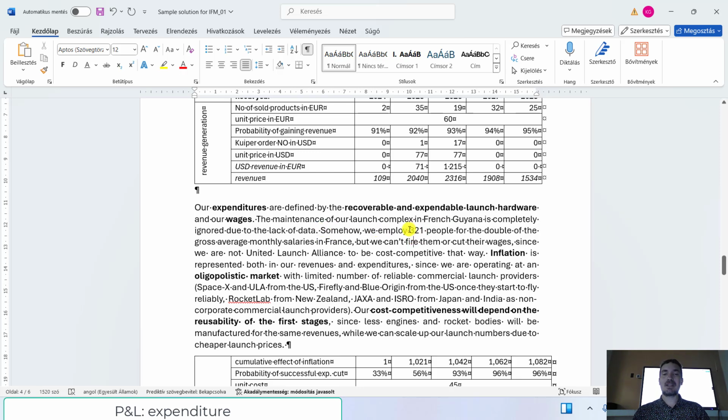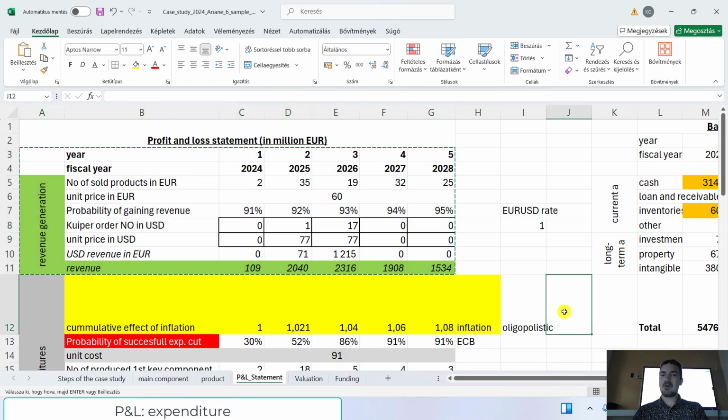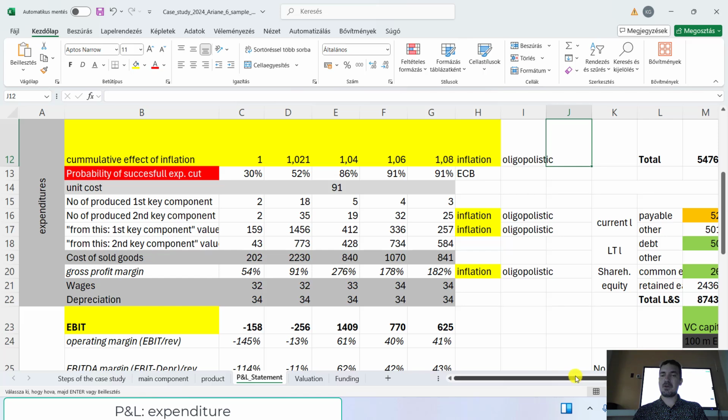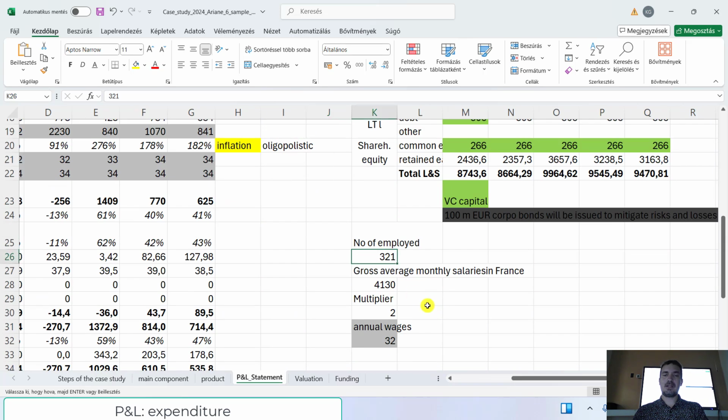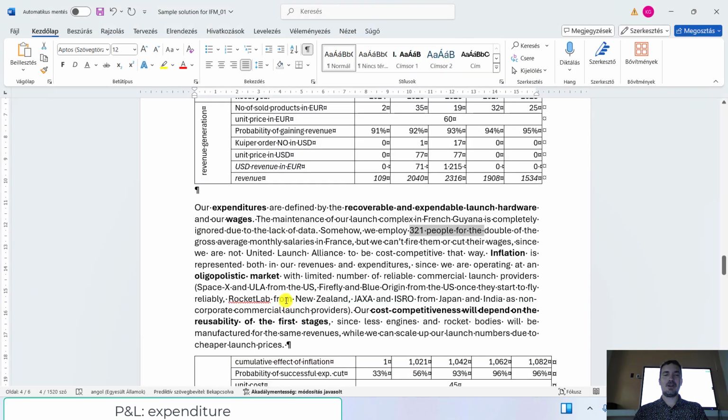Somehow we are employing such an amount of people, because I was able to find the number of people who are employed. And in this case, I was taking just the gross average salaries in France, multiplied by 2 because they are more expert people, and then we have the annual wages.